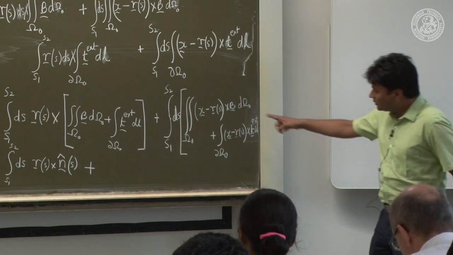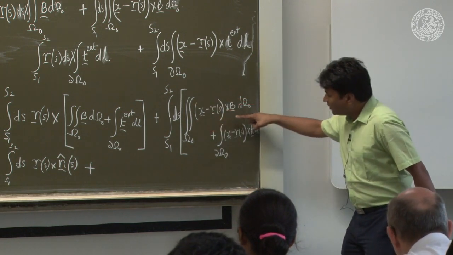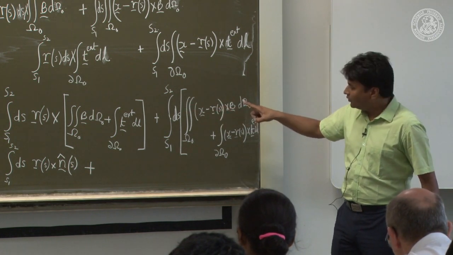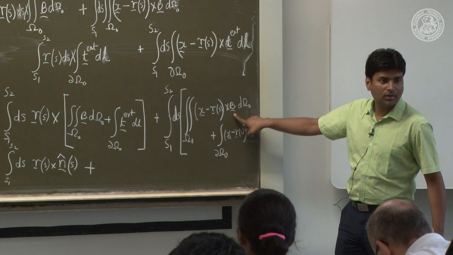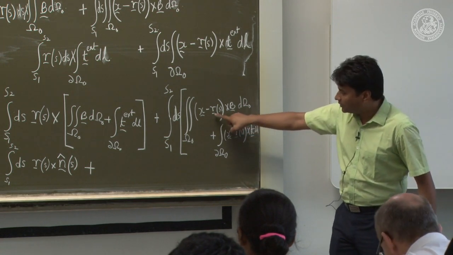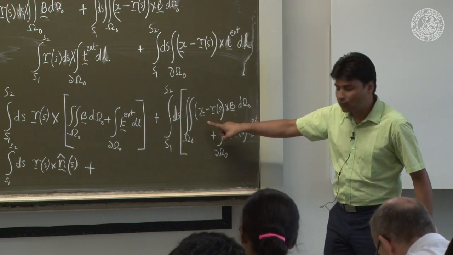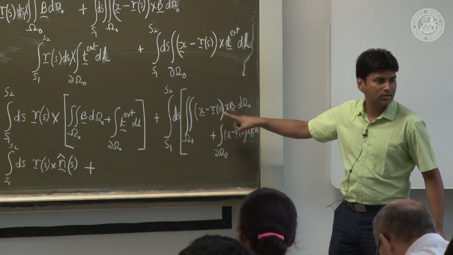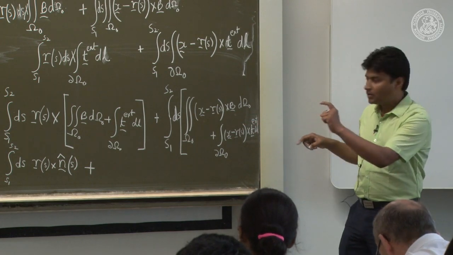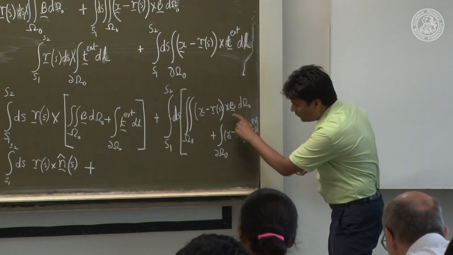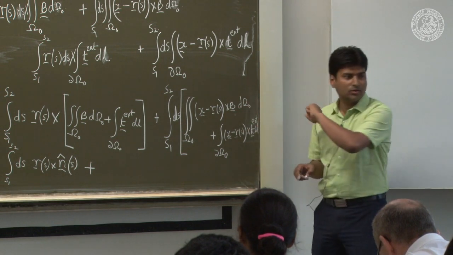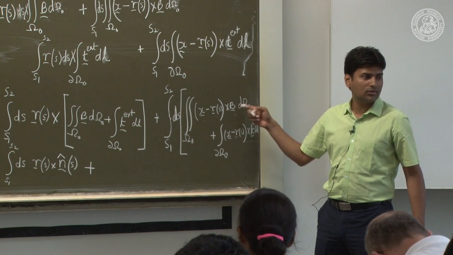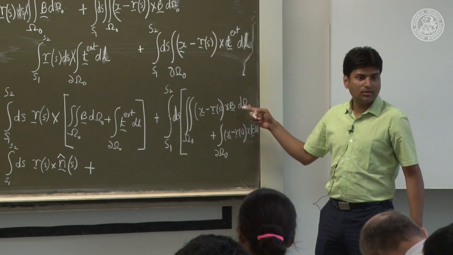So we have this term, for example, denoting the couple due to body force about the center line. That is why the arm, see the arm of the force is x minus small r of s. So that is the arm of the force. Then you take the cross product with the force itself, b d omega naught. So that is the couple due to body force about the center line.